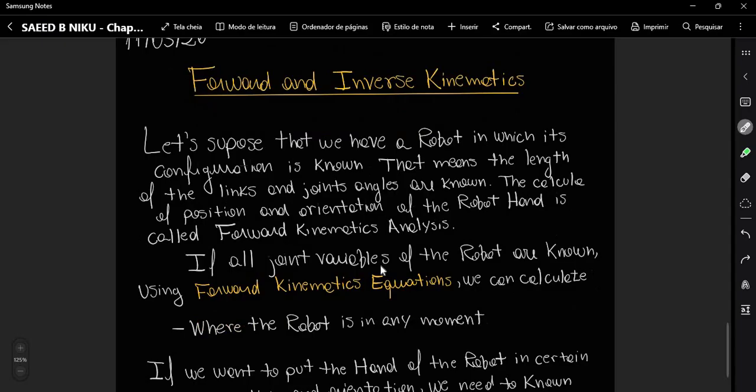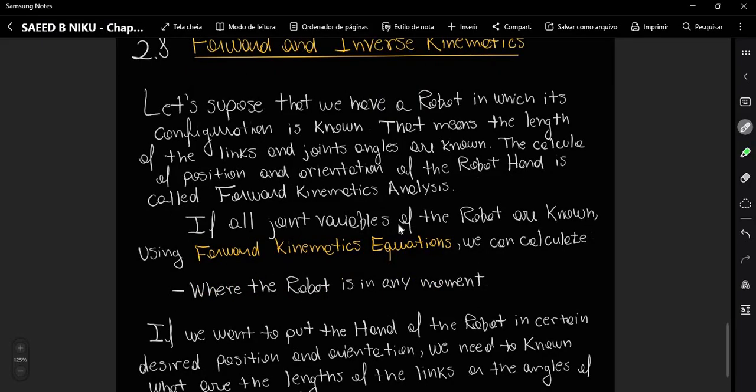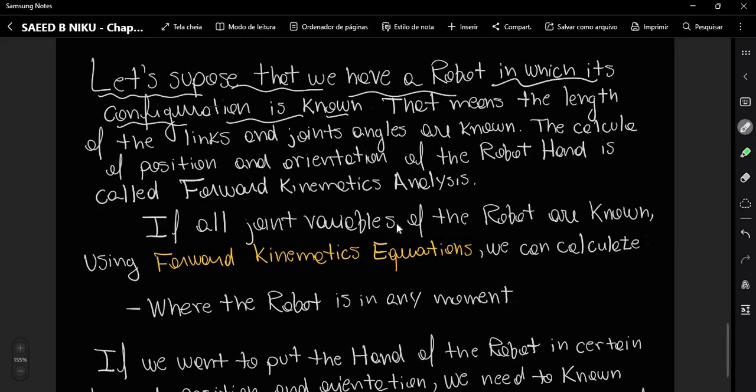Okay, it is topic 2.8, and to introduce this topic, I will just read what it is telling us. Let's suppose that we have a robot whose configuration is known.